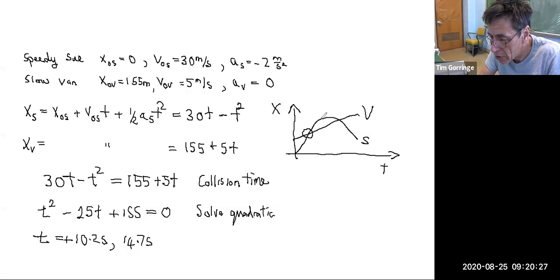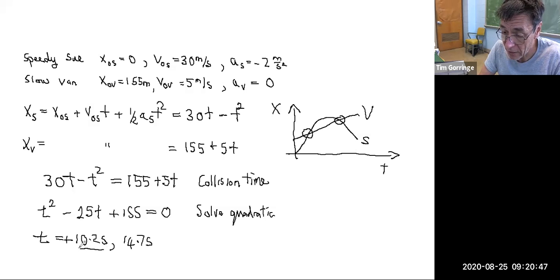And the 10.2 is this collision that occurs over here. And the 14.7, that's the second intersection of the two curves representing Speedy Sue's and the van's position as a function of time. So this is our answer for the time.